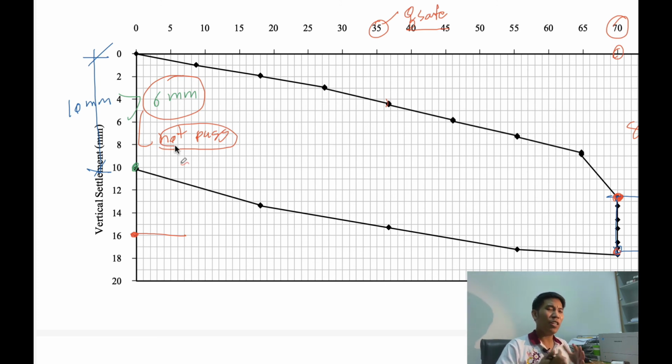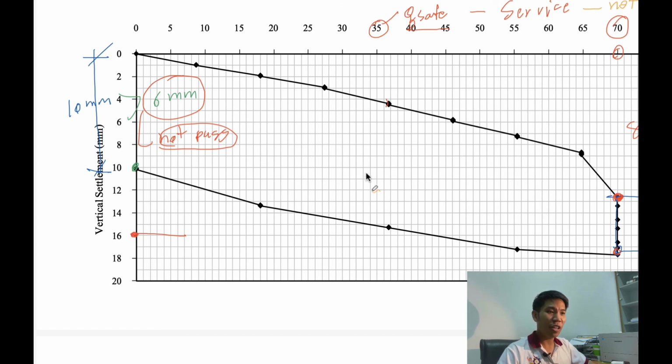So that means this pile test has stability, but for serviceability it is not passed. After this pile test is not passed, what should you do? If it's not passed, you have to retest. How can you retest?